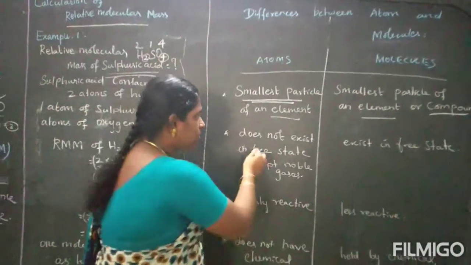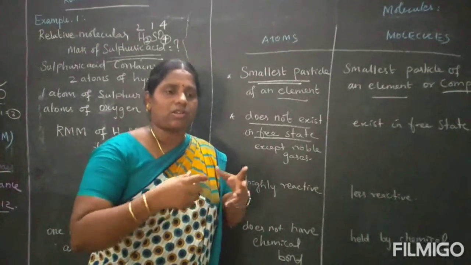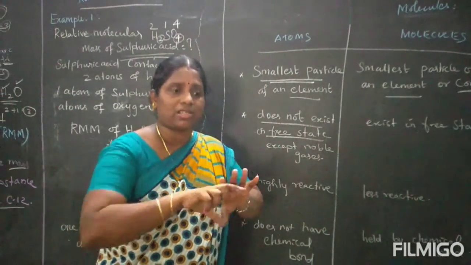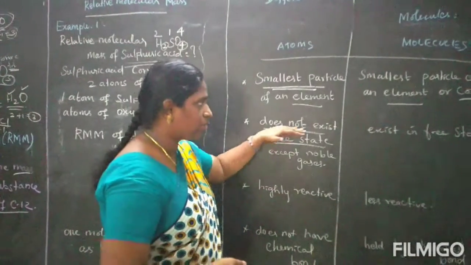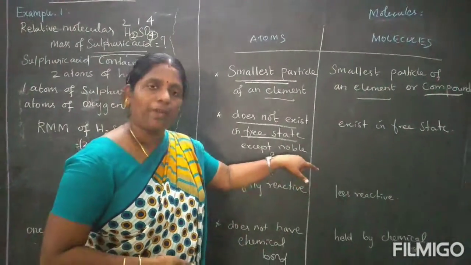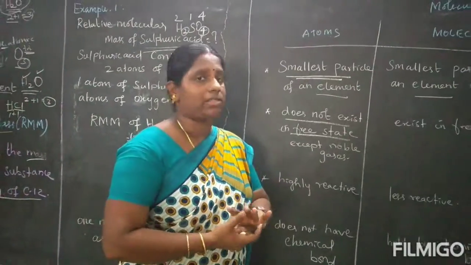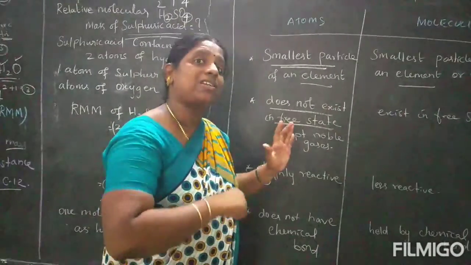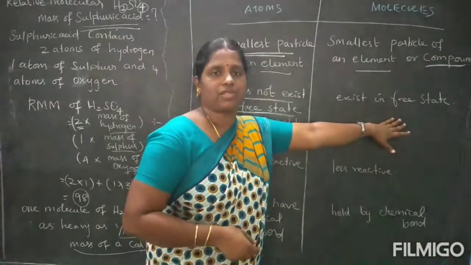Then an atom does not exist in the free state. It will combine with other elements. So it does not exist in the free state, except noble gases. Noble gases exist in the free state, but all other elements do not exist like that because they combine with some other elements. But molecules exist in the free state.